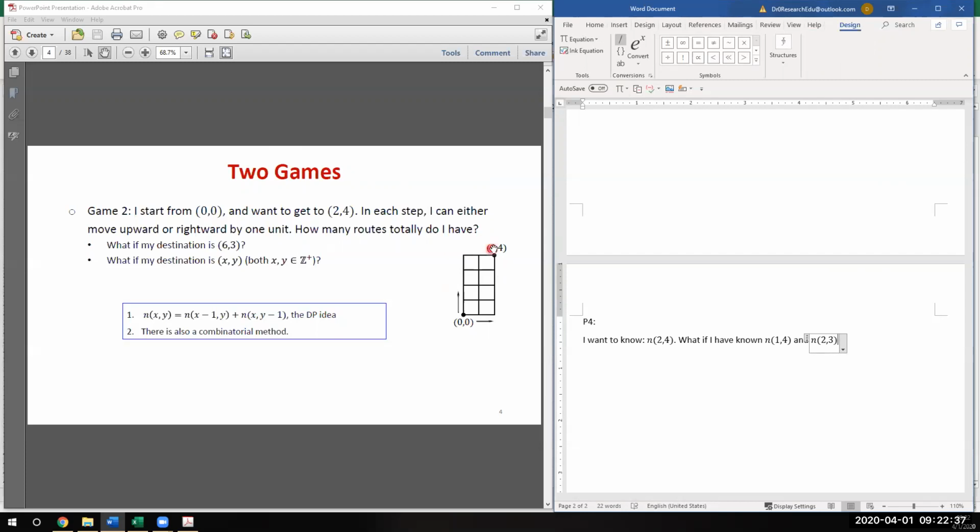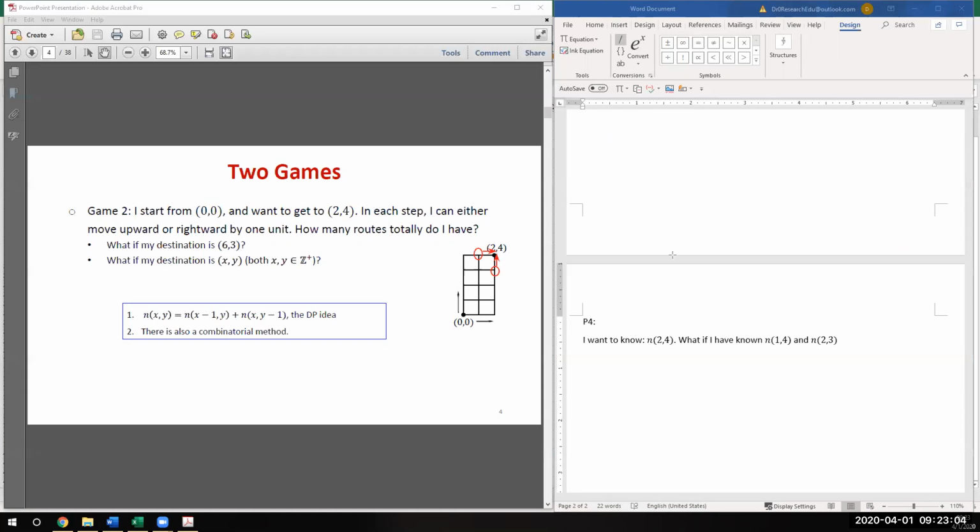Very clear. How would you get to the point 2, 4? You have only two possibilities to go to 2, 4. The first way is I can go through 1, 4, right? From 1, 4, I can go to 2, 4. This is the first case. And the second case is similar. I can go from 2, 3, then I can go to 2, 4.